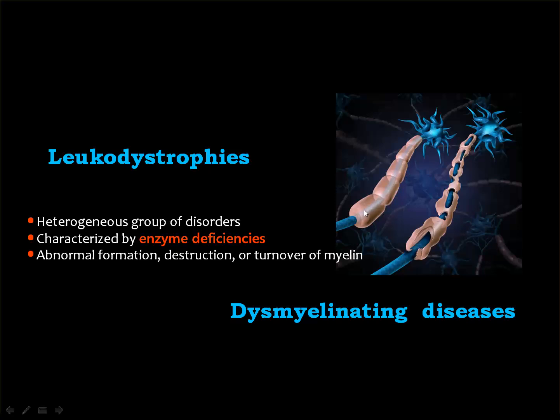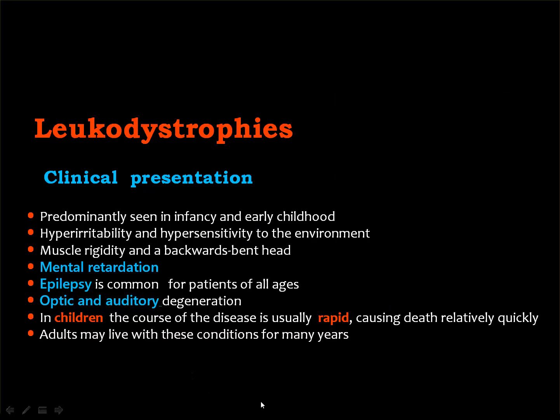This is the usual myelination, but here you can see many defects in the myelinating process. And the cause is known in some of these disorders and is related to particular enzyme deficiency. But sometimes the cause is unknown, and the features on imaging are more or less pathognomonic to this disease.